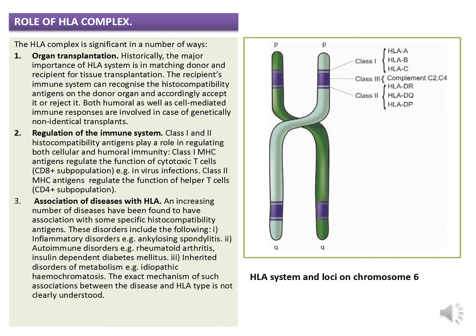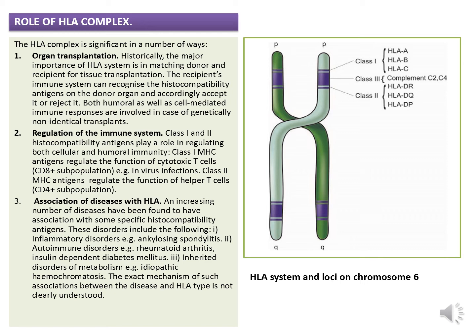Both humoral as well as cell-mediated immune responses are involved in case of genetically non-identical transplants. The second role, regulation of the immune system. Class 1 and 2 histocompatibility antigens play a role in regulating both cellular and humoral immunity.